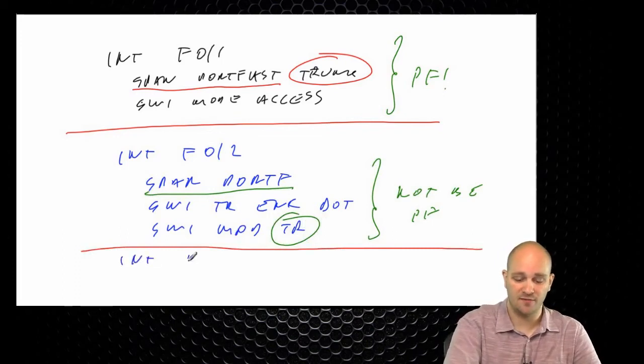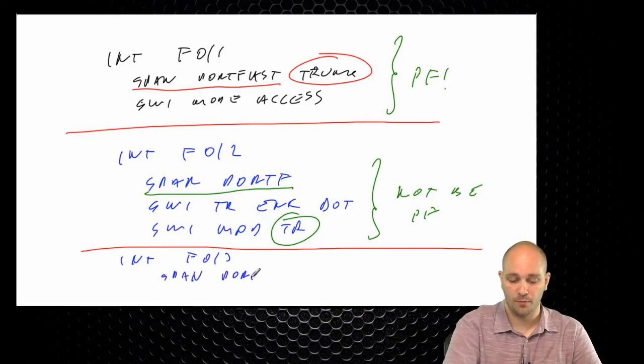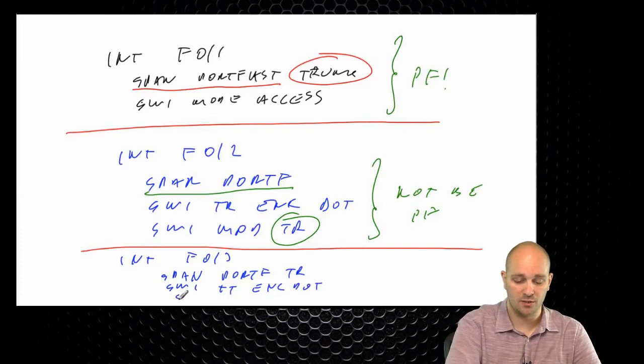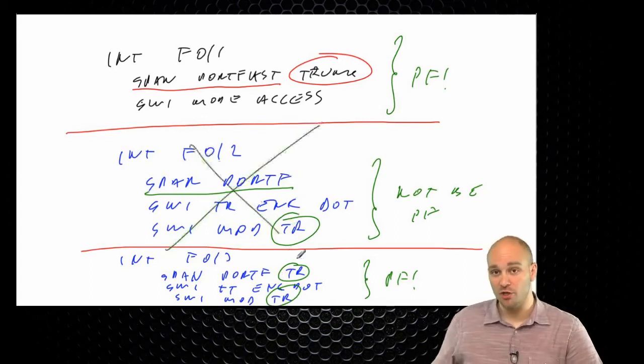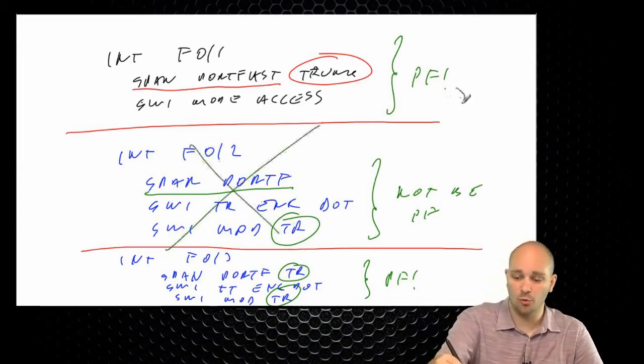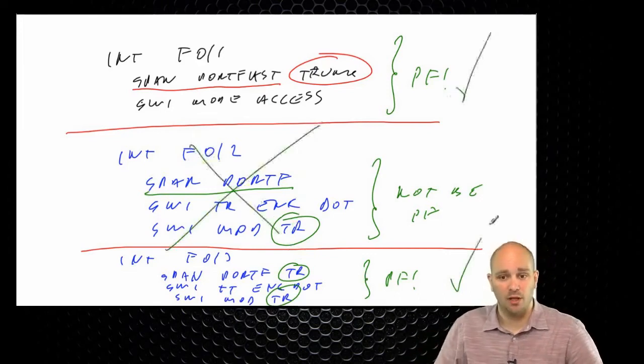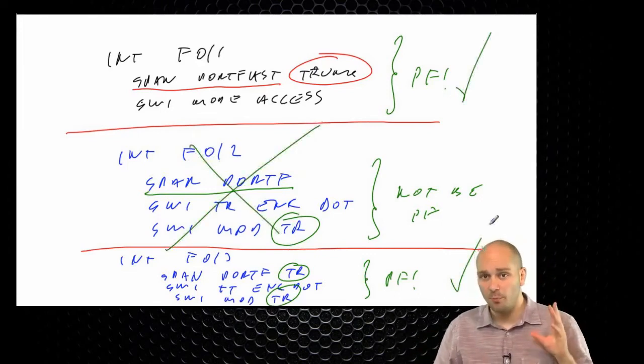If I had interface FastEthernet 0/3 and I had spanning-tree portfast trunk, and I had switchport trunk encapsulation dot1q and switchport mode trunk, this will actually be Portfast because I am including the trunk keyword here, and the interface is a trunk or an access port. So this here is not a valid configuration if you want to have Portfast, but these two are both acceptable solutions to make these interfaces Portfast.